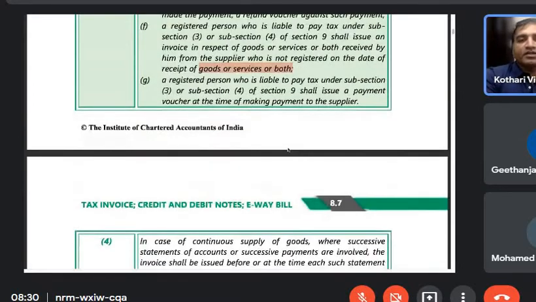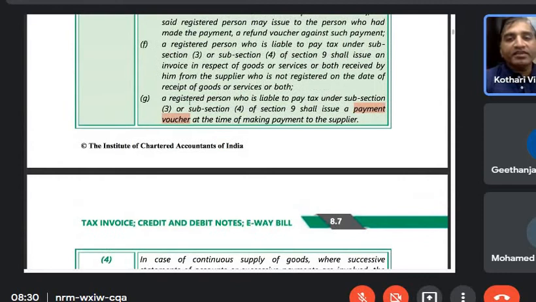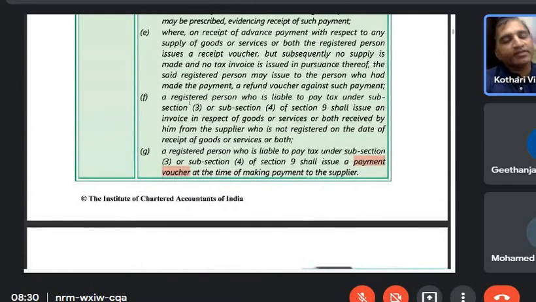Seventh document: a registered person who is liable to pay tax under subsection 9(3) or 9(4) shall issue a payment voucher at the time of making payment to the supplier. So what is the seventh document? Payment voucher. You are generating a self invoice, an RCM invoice, a purchase invoice.